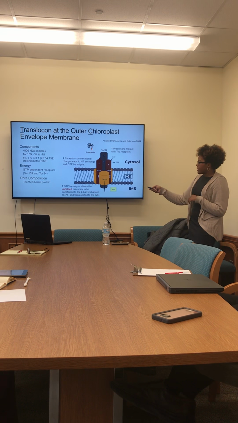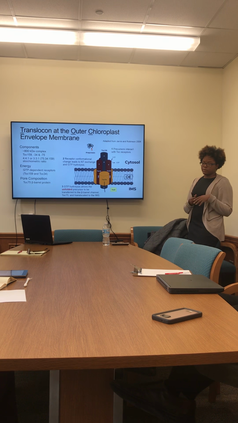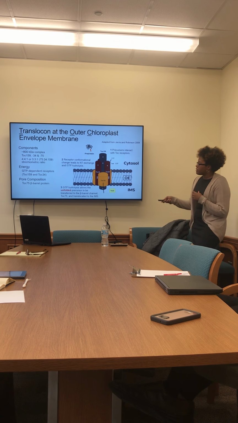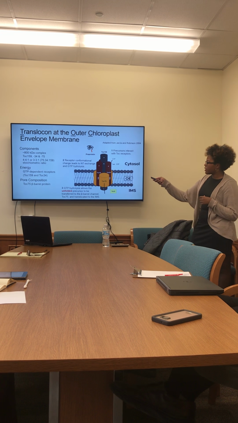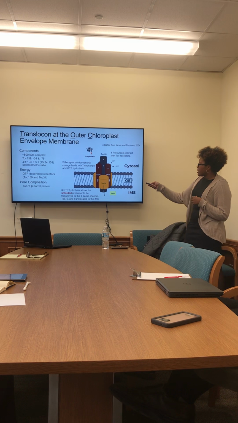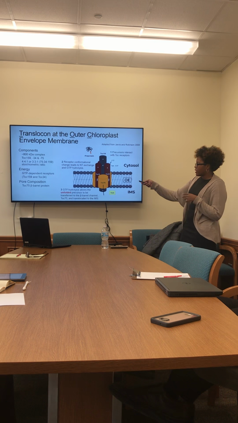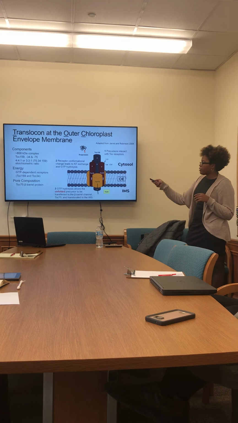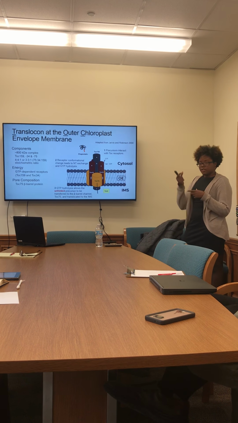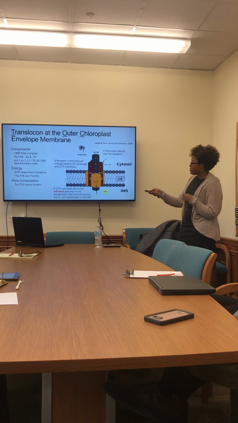And then TOC75 is a beta barrel protein that's responsible for transporting it to the inner membrane space. The receptor complex is about 800 kilodaltons, and all three proteins exist in a ratio of either 4 to 1 or 3 to 3 to 1. It uses GTP hydrolysis to thread the protein into the IMS.